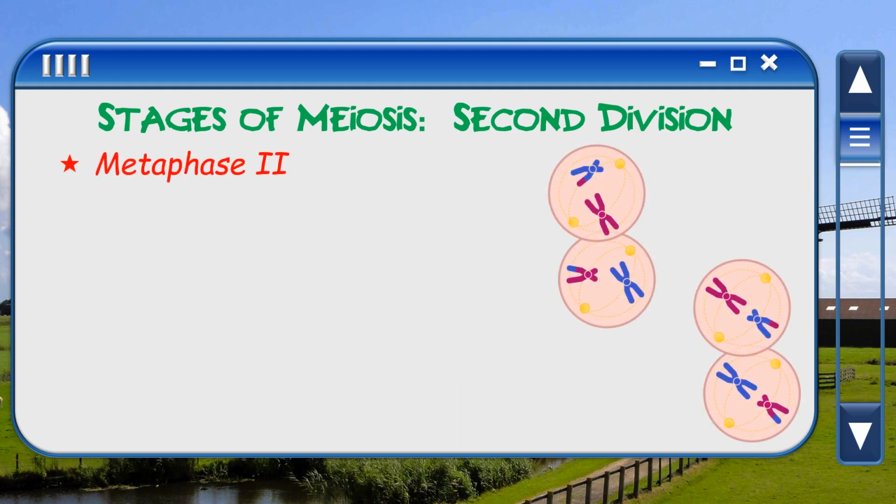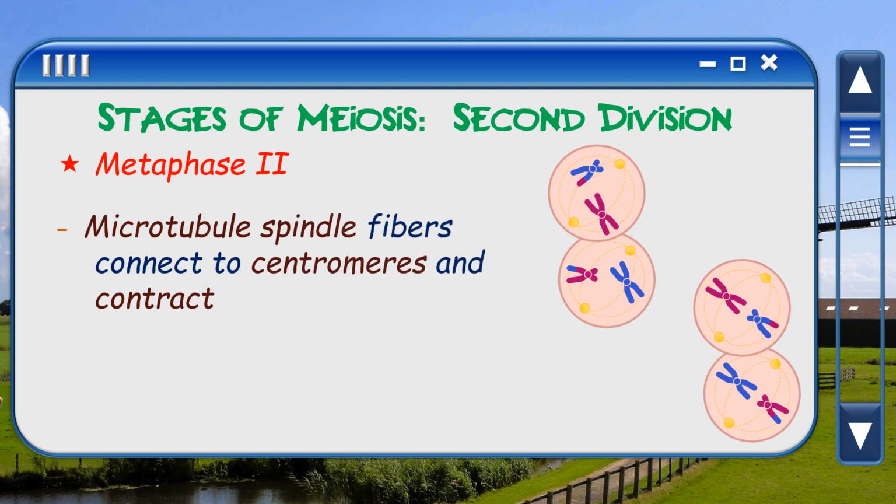Then from prophase 2, we go to metaphase 2. What is going to happen in metaphase 2? Our microtubule spindle fibers are going to connect to the centromeres and contract. During metaphase 2, the sister chromatids are attached on the spindle.